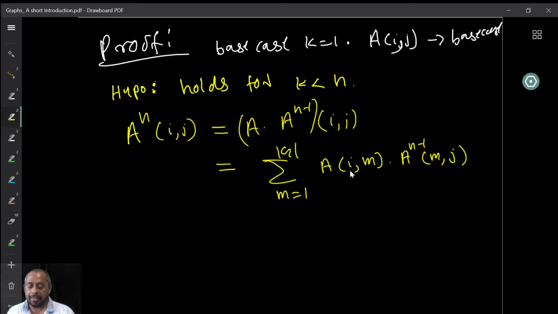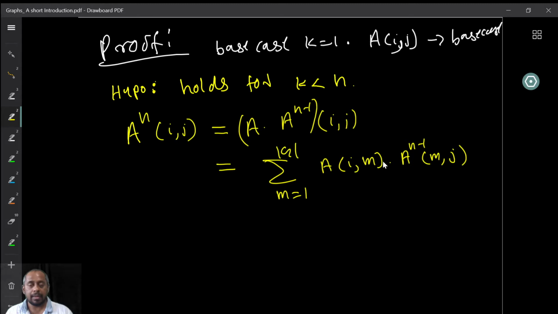Now, if there is an edge from Vi to Vm, then I can make a walk from Vi to Vm, then Vm to Vj, where I have a walk of length n minus 1. Therefore, together I get a walk of length n. So if im is an edge, then all these walks will be counted towards the number of walks.